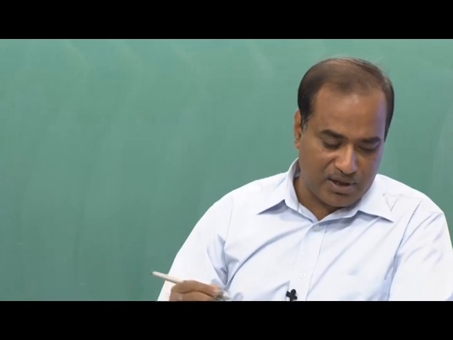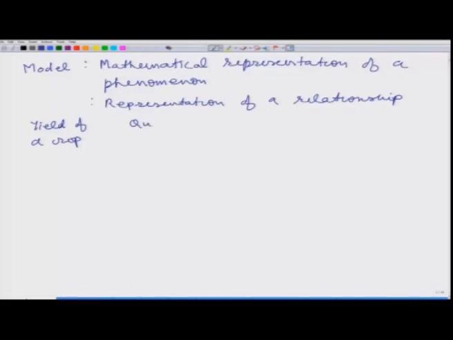Let me take some variables here: quantity of fertilizer, irrigation level, temperature, and so on, right. Now, if I try to find a mathematical functional relationship between these three variables, quantity of fertilizer, irrigation level, and temperature, then this will be a mathematical relationship between yield of crop and these three variables.